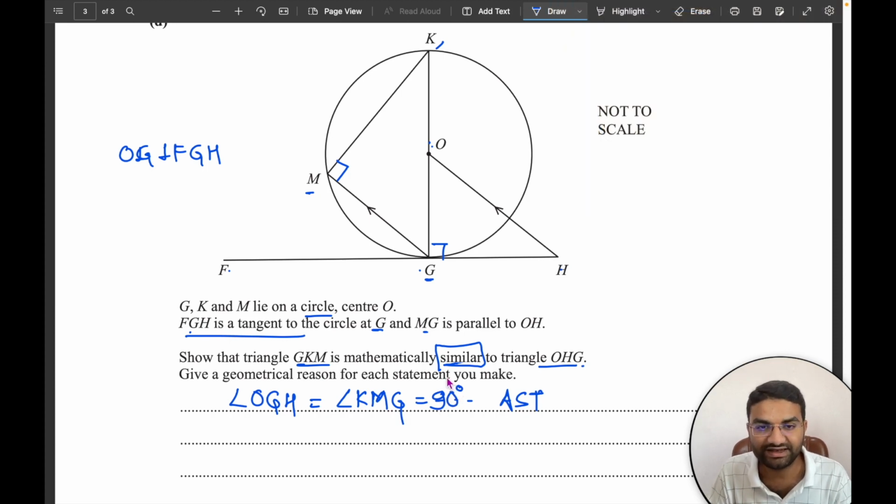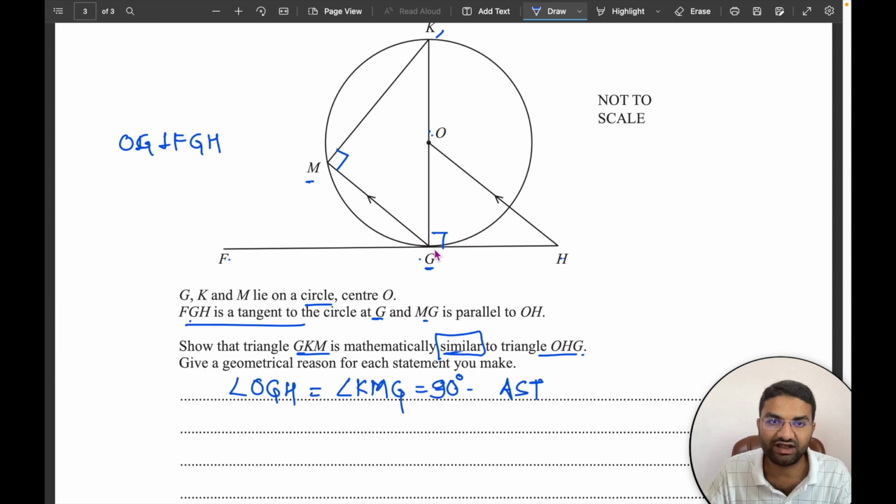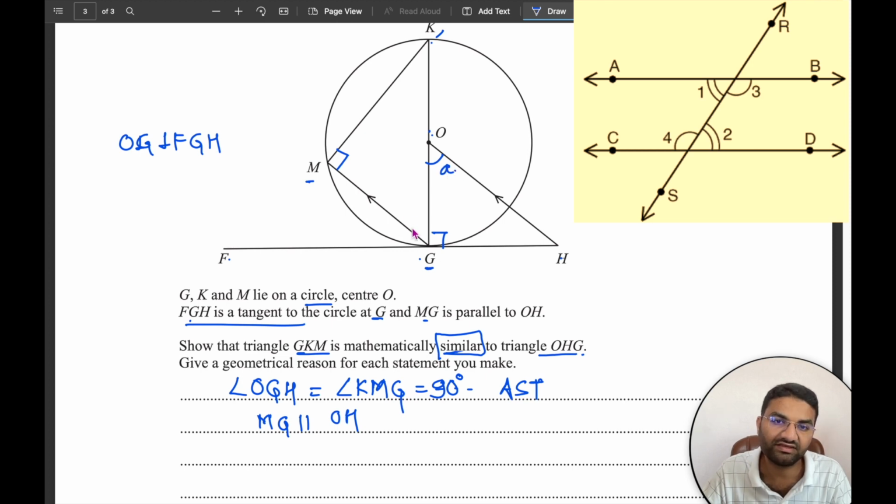Then next, these two lines are parallel, MG parallel to OH, and KG is a transversal line. So this angle is equal to this angle. It means angle HOG is equal to angle KGM, which we will assume is A, because of alternate angles.